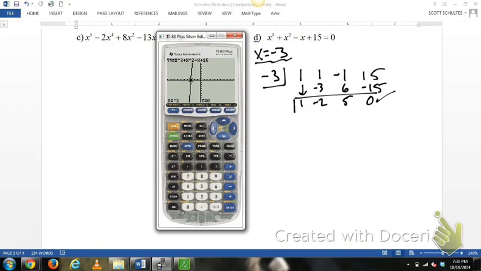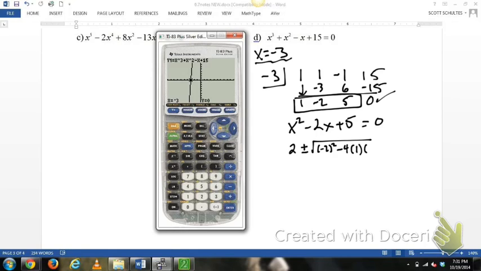So the remaining two solutions are locked up in the quadratic x squared minus 2x plus 5. And I'm going to solve that using the quadratic formula. So the opposite of b is going to be +2, not -2, plus or minus the square root. b squared is -2 squared minus 4 times the a value, 1, times the c value, 5, all over 2 times the a value, 1.